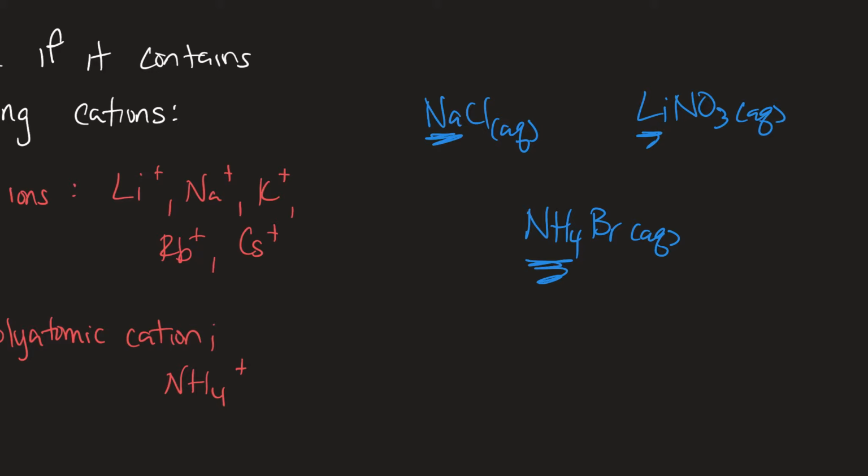So anytime you have any of these types of ions, either a group 1 cation or the ammonium ion, you could rightly assume that it's going to dissolve in water. And so these products are not going to be a precipitate. They're not going to be insoluble. They're going to dissolve in water.